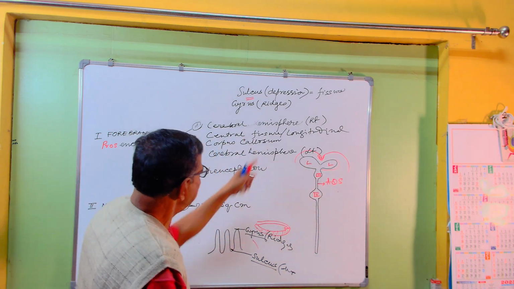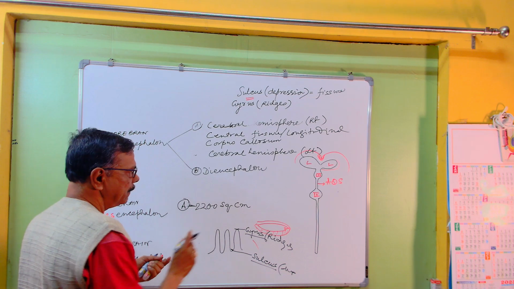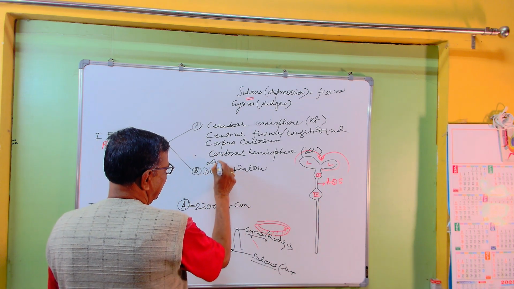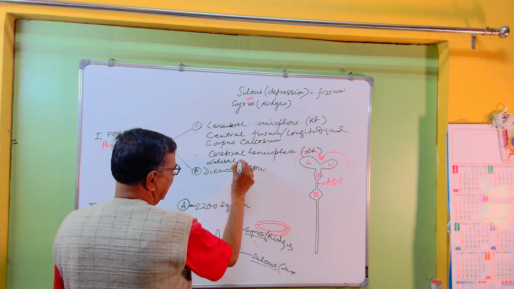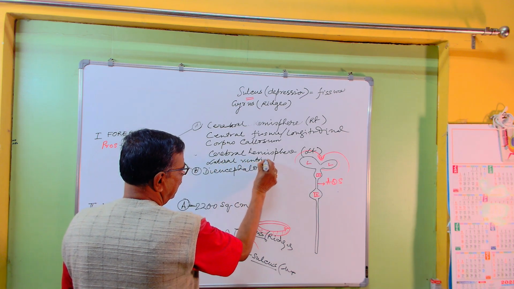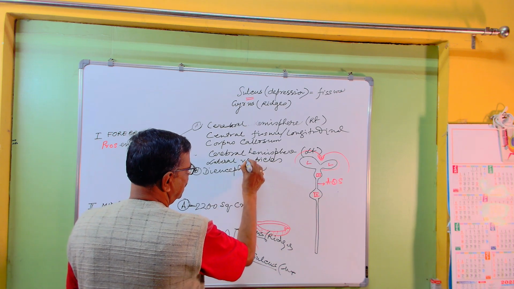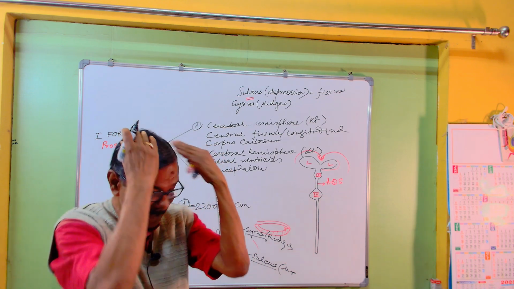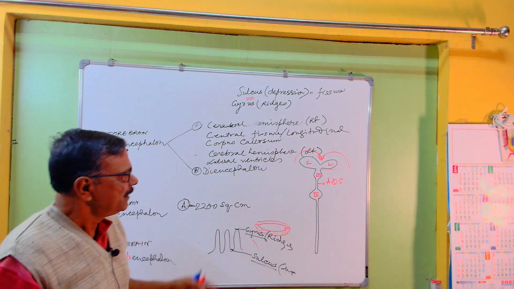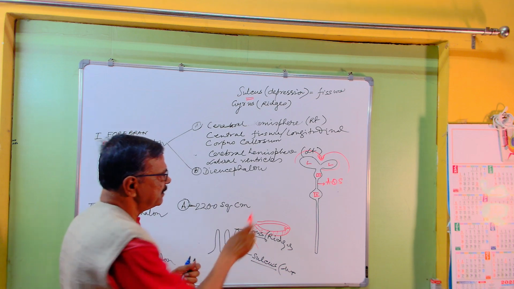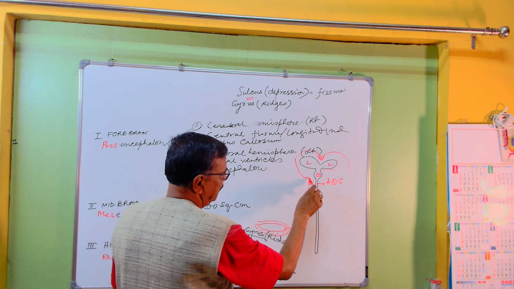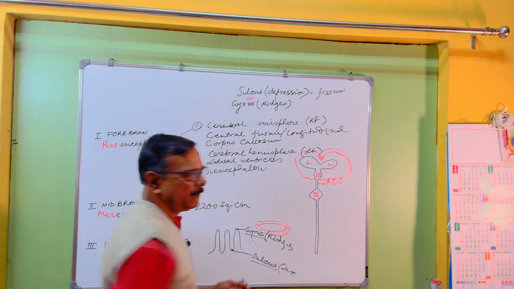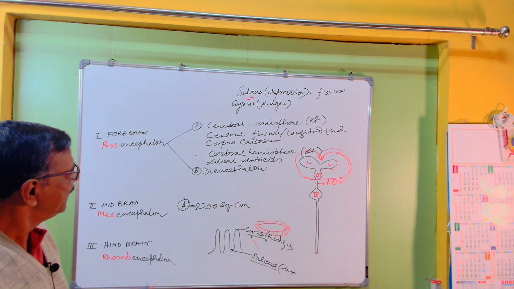And this cerebral hemisphere contains what? Lateral ventricles. So we should draw lateral ventricles. These lateral ventricles are there in the cerebral hemisphere. Thereafter, the cerebral hemisphere is developed and it covers the third ventricle also. So what we should say?